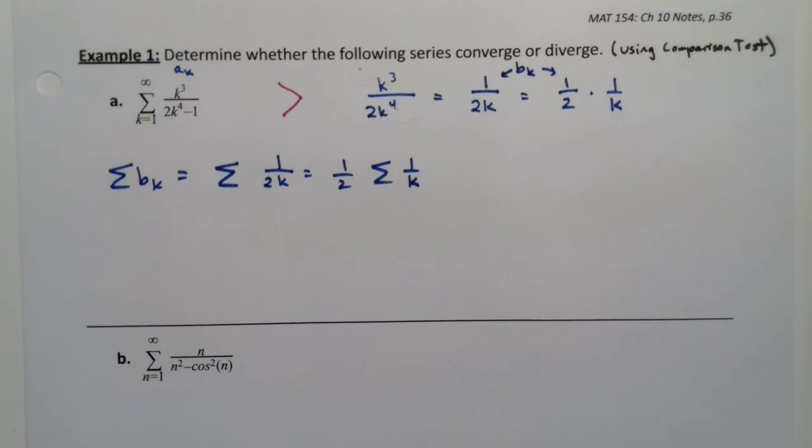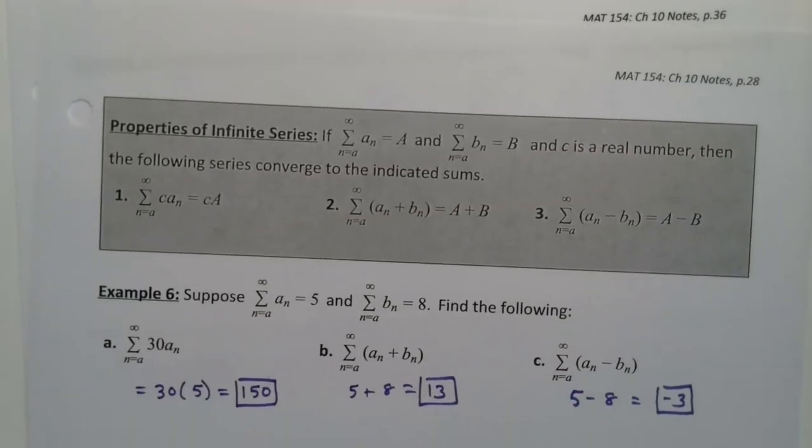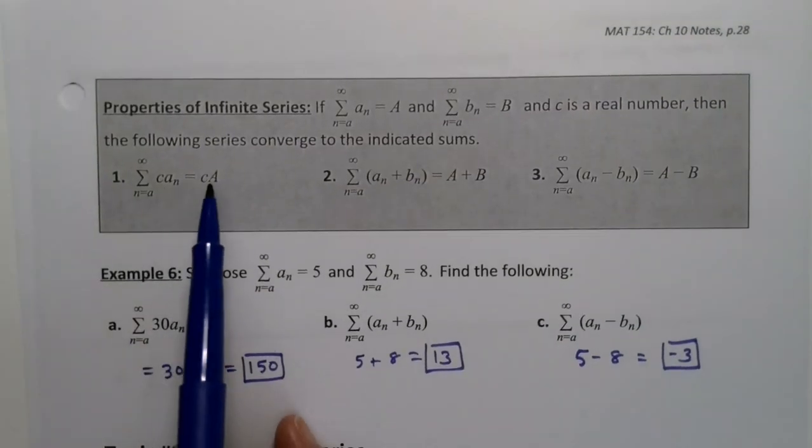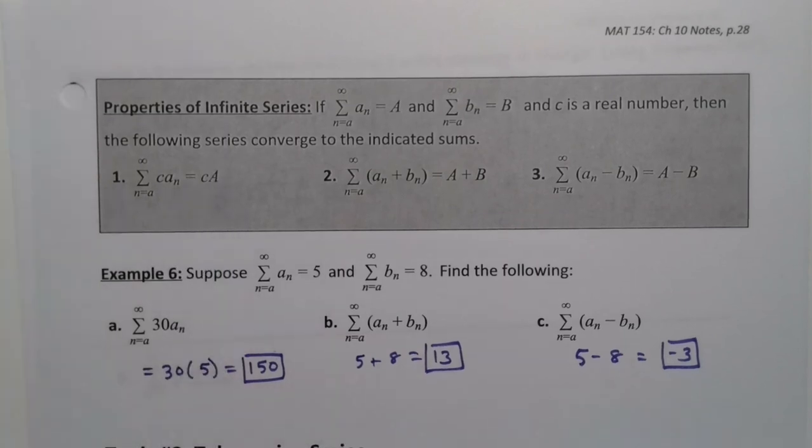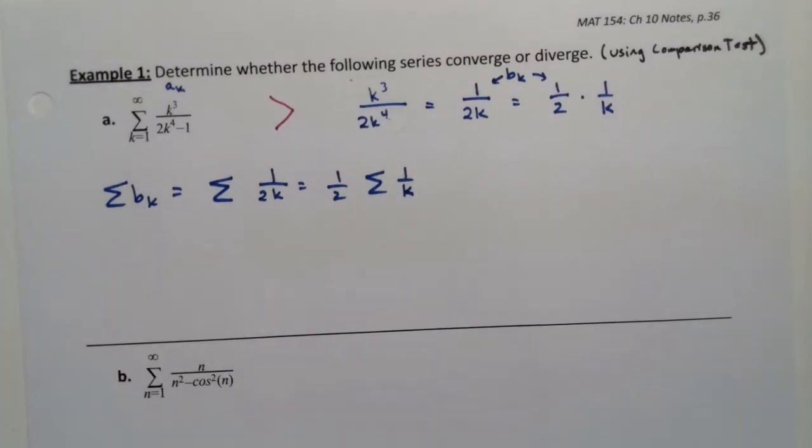We learned a property about series that basically says it doesn't really matter if you multiply by a constant. If it converges to that value, it's just going to converge to the constant times that value. So the constant multiple doesn't really matter for convergence or divergence. What's going to matter is what's happening to the series. Whatever the series does is going to win, and the half out in front doesn't really affect it that much.